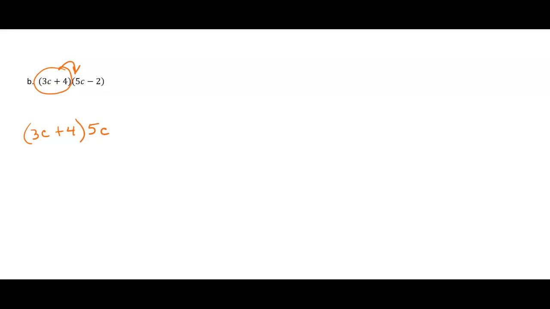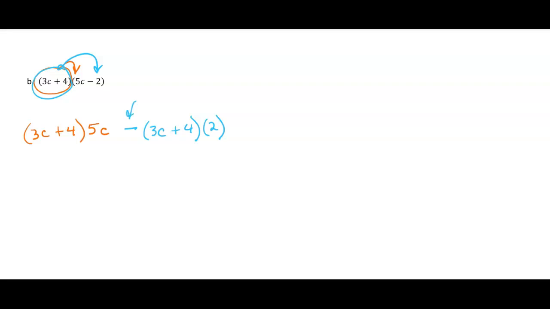Okay, now here's where maybe it's going to get a little tricky because of the way I've been doing it. But I'm going to take that 3c plus 4 times that minus 2. Now, yeah, I can put minus, that's true, 3c plus 4 times 2. I can write it like that. The minus sign is right there.